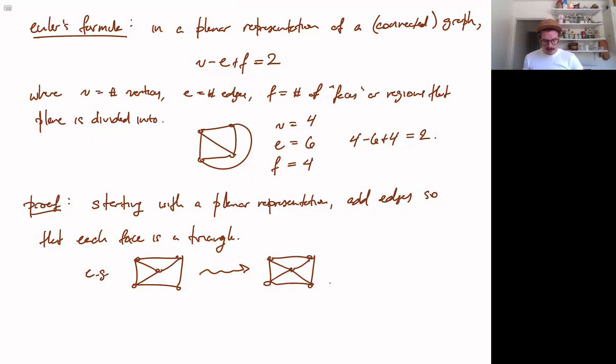And so what happens when we do this? Each new edge increases the number of edges by 1, because we drew a new edge, and it increases the number of faces by 1, because we have taken a face and divided it into 2 faces.